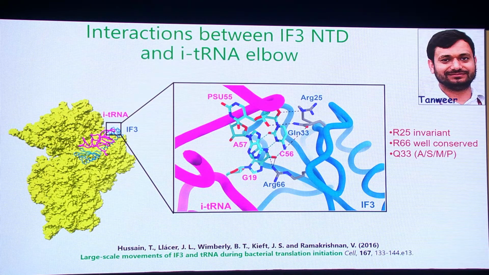Now, in the meantime, when we just finished that work, Tanveer, who was at CCMB in Shankar's lab and then went to Venki's lab and came back and joined us as a faculty here, and another student in the lab wanted to do this work. What he got help from Tanveer was that there is interaction of 3 amino acids from the N-terminal domain of IF3 with the elbow region of the tRNA.